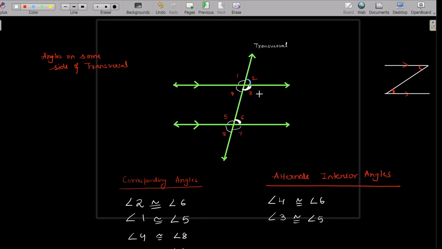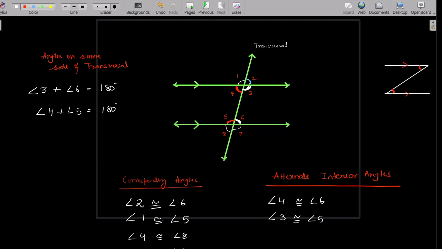They are on the same side, okay, and they are inside. So here the relationship between these angles is that they will add up to 180. So angle 3 plus angle 6 will give us 180. Similarly, angle 4 and angle 5 will also add up to 180. Angle 4 plus angle 5 will be also 180.